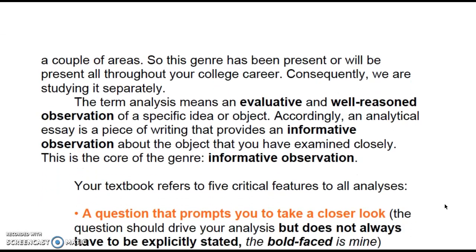I define analytical writing as informative observation. So you have to pay attention to the object, you have to inform the reader, but you have to dissect the object. You have to closely examine the parts, the components of the object, the article, and then provide your insights, the insight you have gained in your analysis, to the reader.